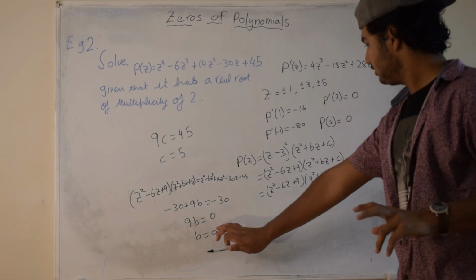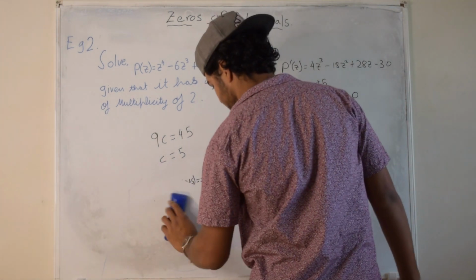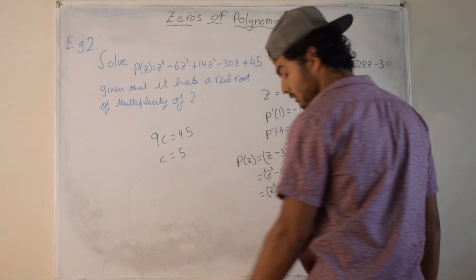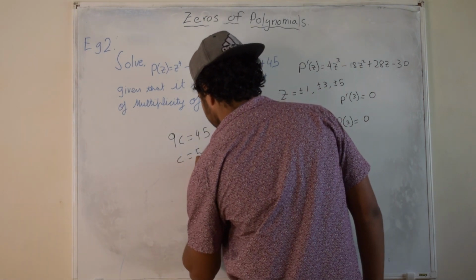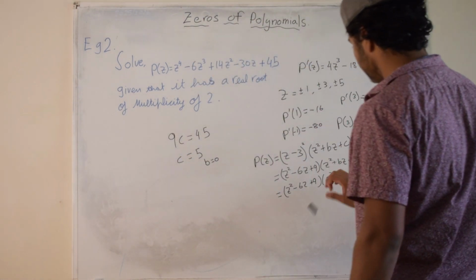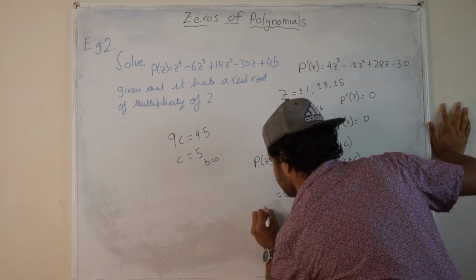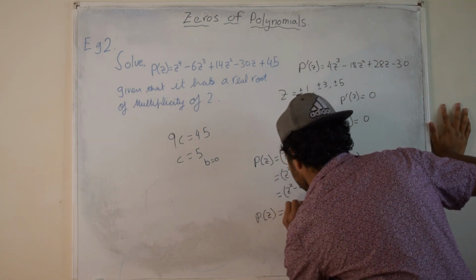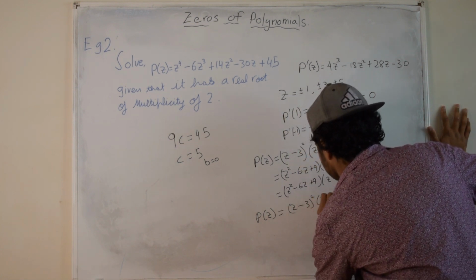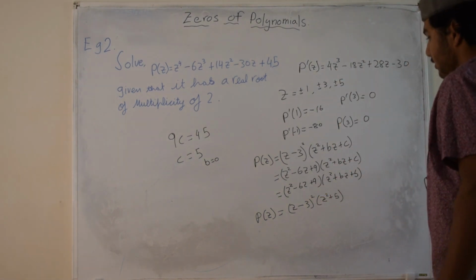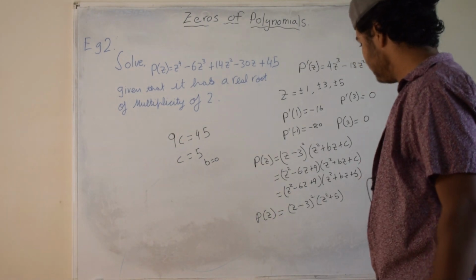So the value of b equals 0. We can now simplify this further. So p of z equals z minus 3 all squared, times z squared plus 5. So that is what p of z gives me.